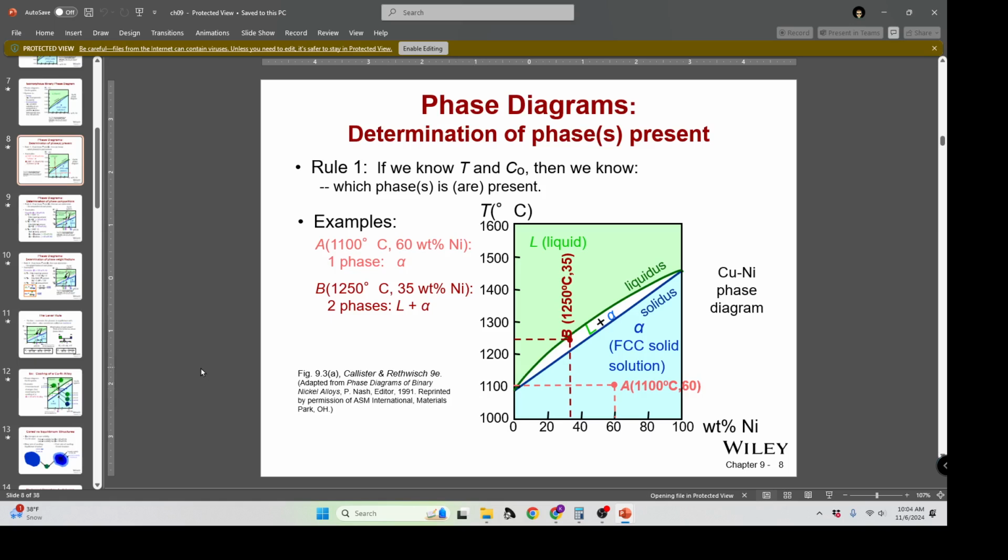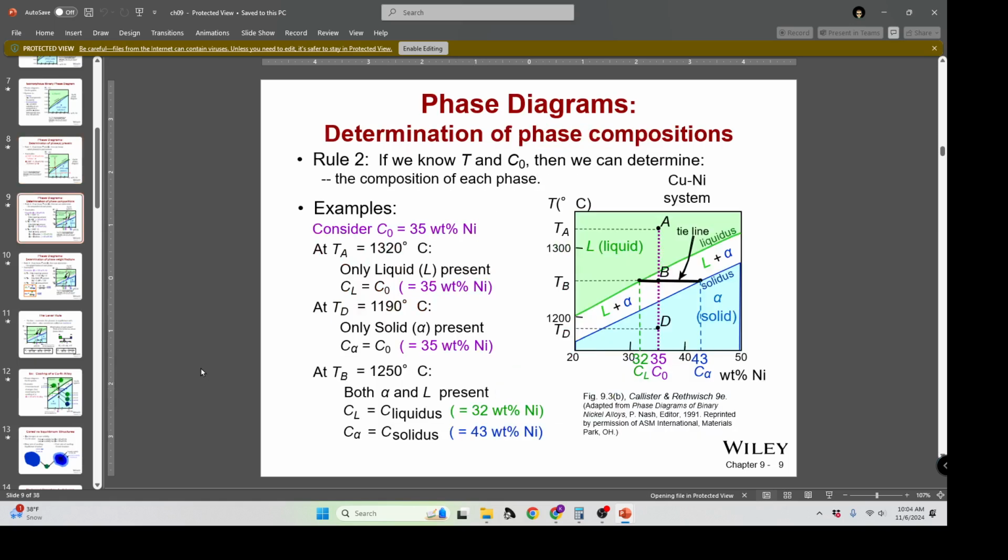So we have another couple compositions here for the same starting composition. Depending on the temperature, we use these tie lines for phase diagrams. So many students get really super confused about this, but it's really important to understand.